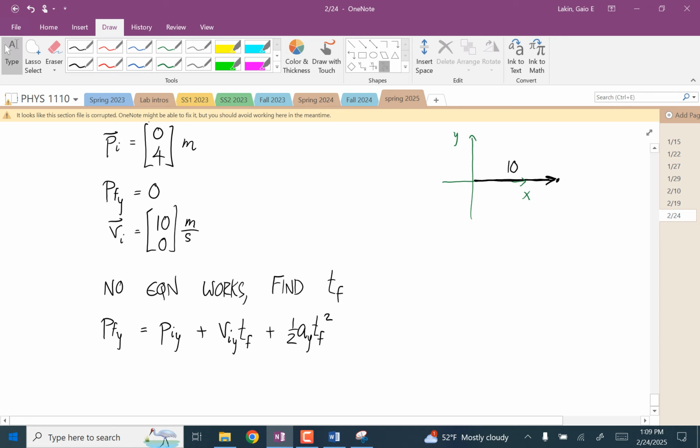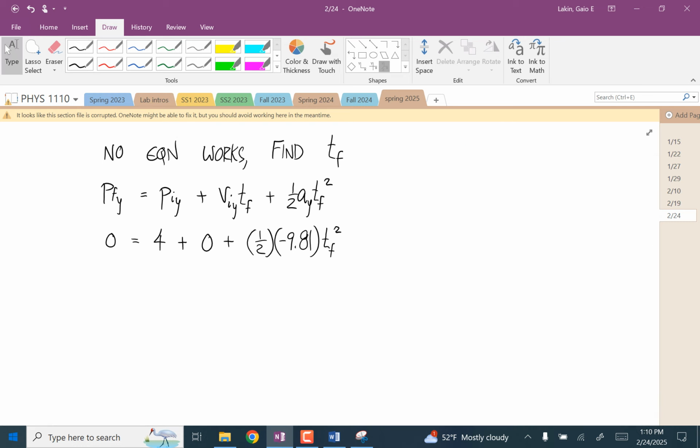So I'll plug all this stuff in. It says 0 is equal to 4 plus 0 times TF, which is 0, plus 1/2 times negative 9.81 times TF squared. And if I move that second term over to the left side, we have negative 4.905 TF squared is equal to 4.